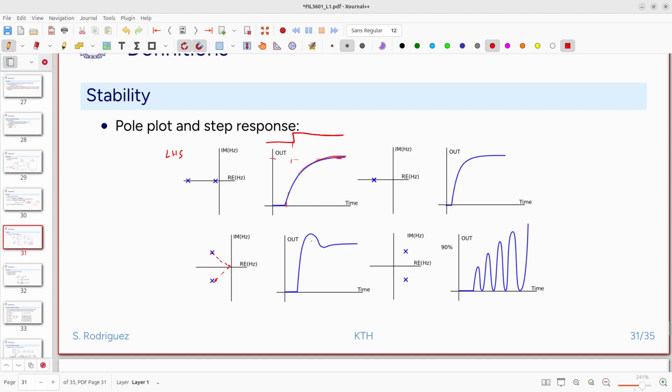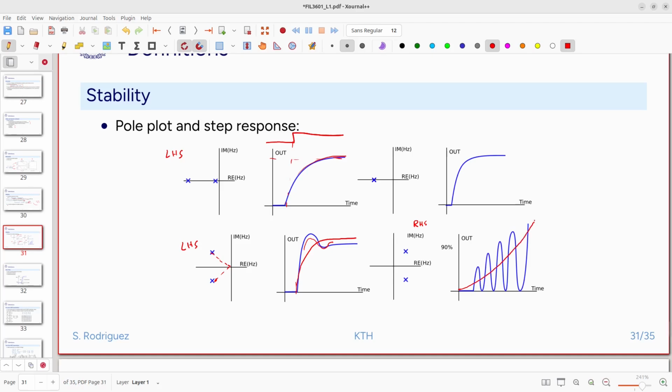Okay, so with complex poles, we have both the real and imaginary parts. The real part will do something like this, and the imaginary part will add some ringing at a particular frequency. The system in this case is stable. We have left-hand side poles here. Now what happens if we have the poles in the right-hand side? What we have is a growing exponential.